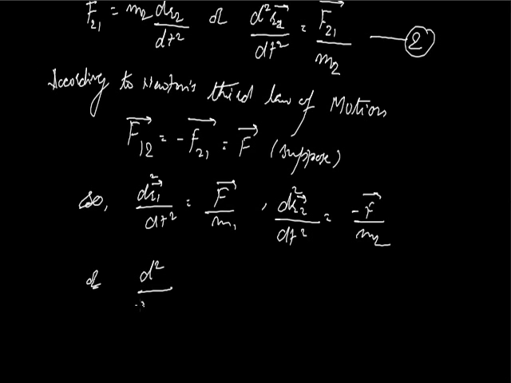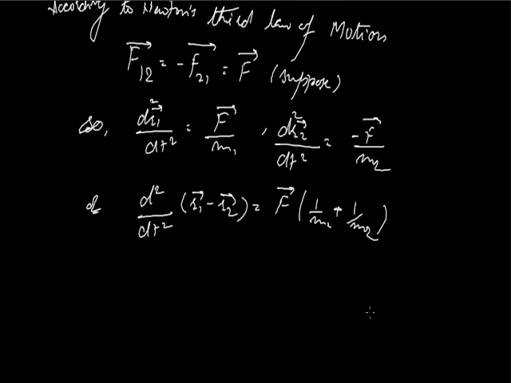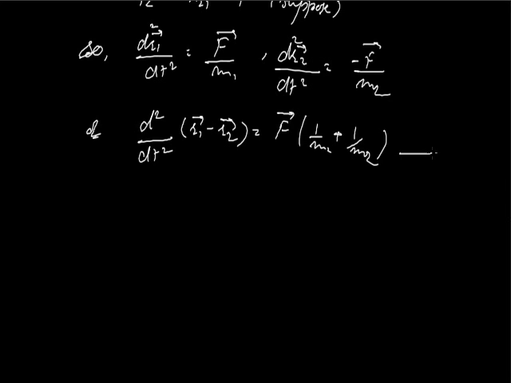On subtracting both the equations, we have d square upon dt square of r1 minus r2 gives F times 1 upon M1 plus 1 upon M2. Suppose this will be equation 3.